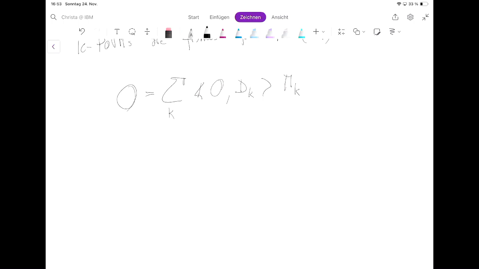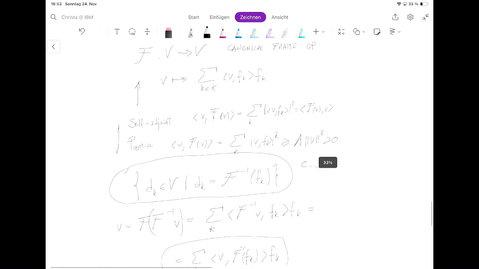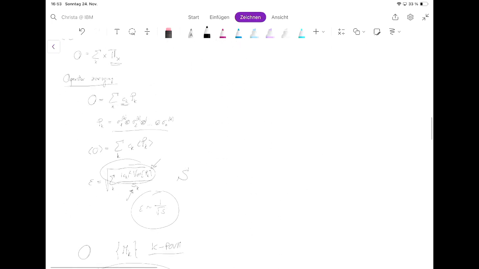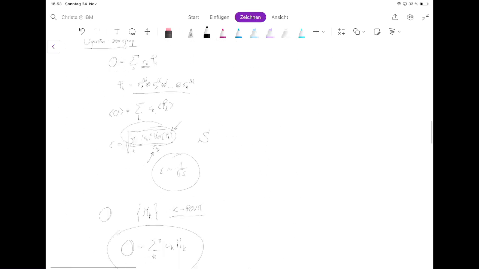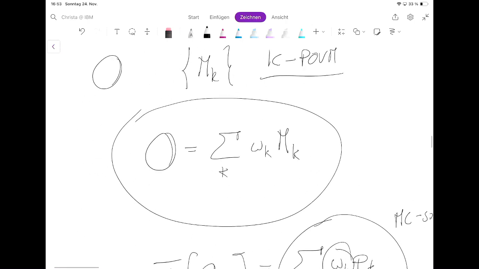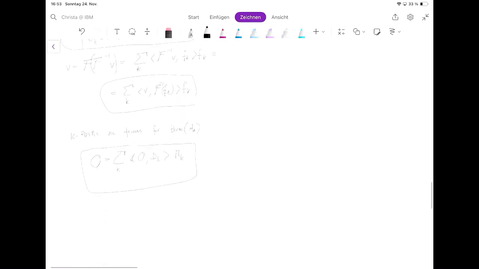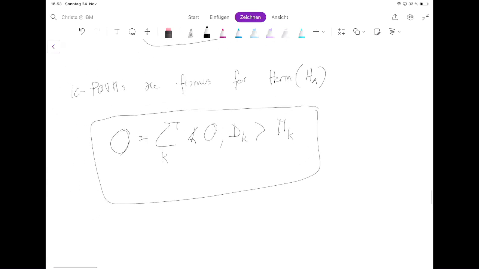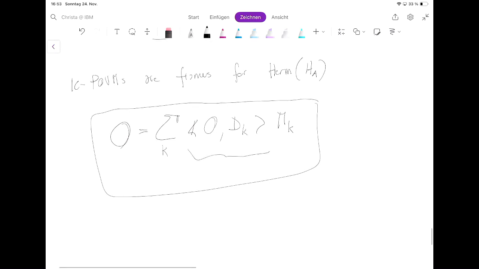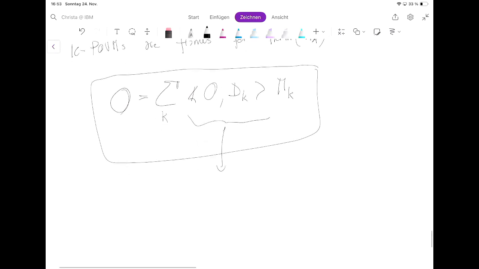Now, if you compare this to the expression that we had before, just assuming that we could decompose, you see that these omega k's are just the scalar product of the observable with the dual frame of the particular POVM. In the language of Hilbert-Schmidt norms, this is just O times the dual.